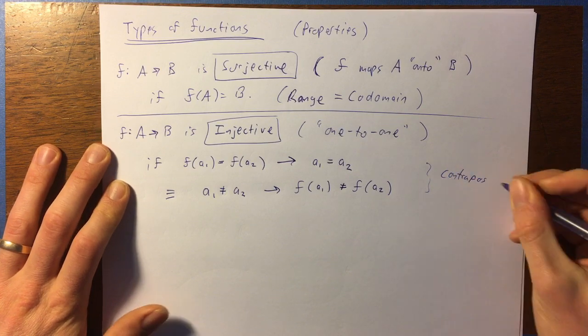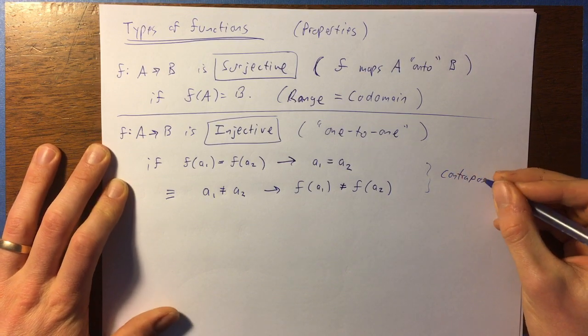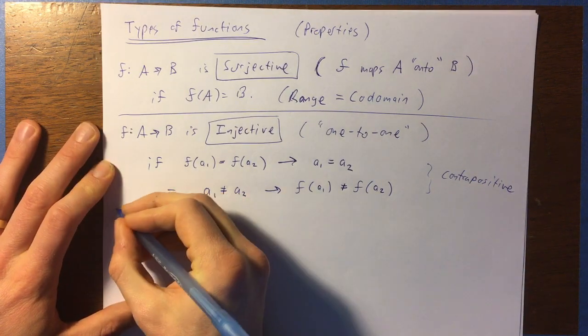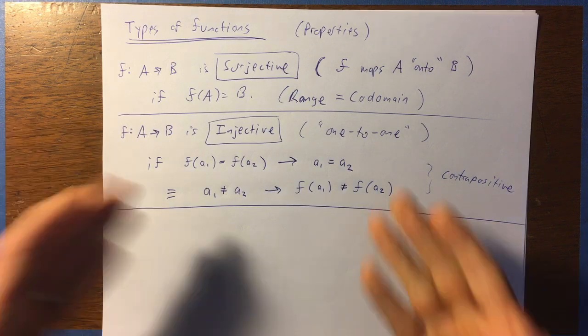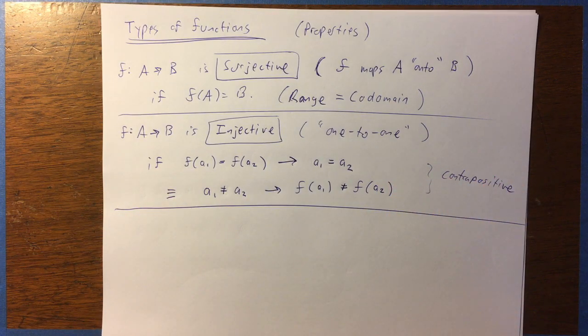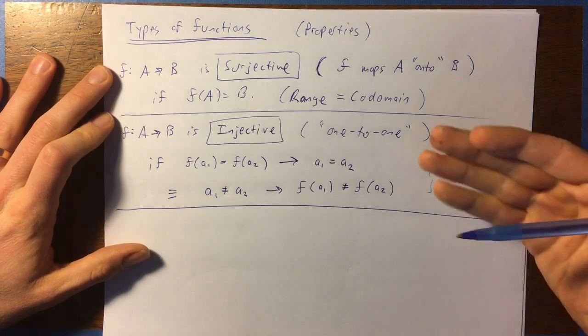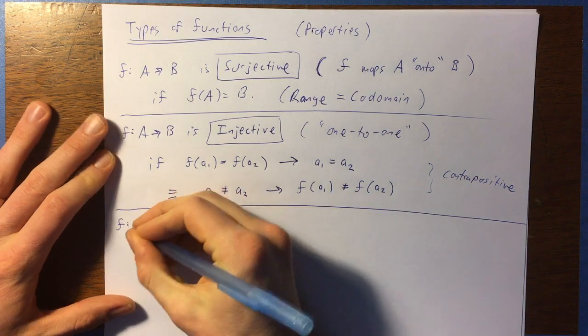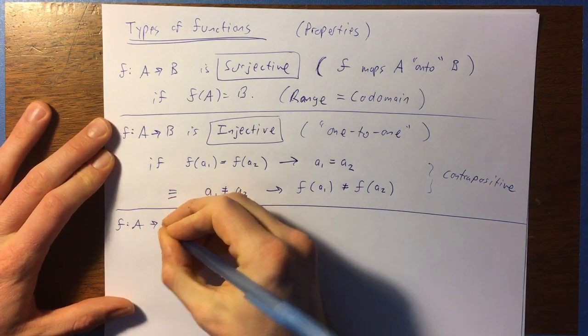It's the same statement, but one of them is the contrapositive of the other. Okay, so that's injective. You may remember talking about the horizontal line test for algebraic functions. That's one-to-one. That's injective.